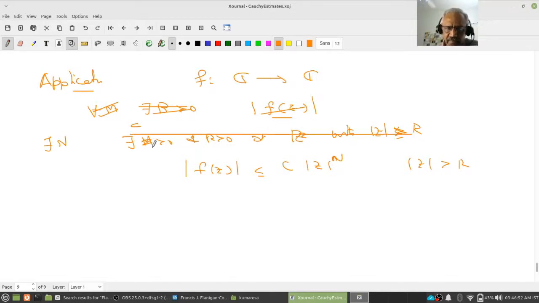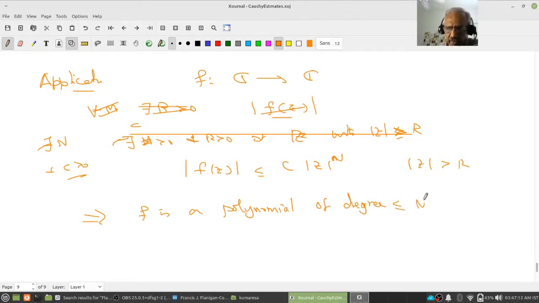This is all I want to see. There exists N and a positive constant so that this happens. Then I want to conclude that f is a polynomial of degree less than or equal to capital N.